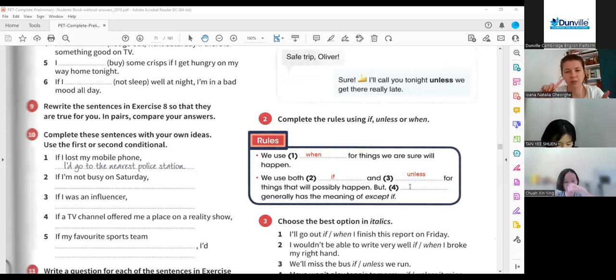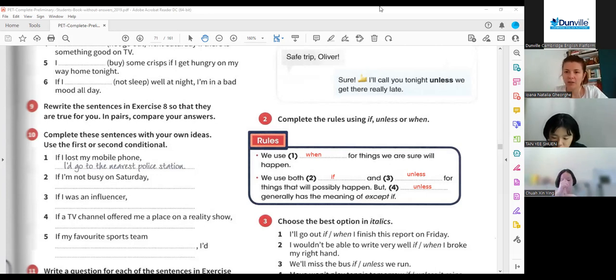So it's not if, it's unless. Unless means except if. So I will call you tonight, except if I get there really late. When it's not, which I won't be calling you if I get there very late. Yeah, with the exception of if I get there really late. Okay.